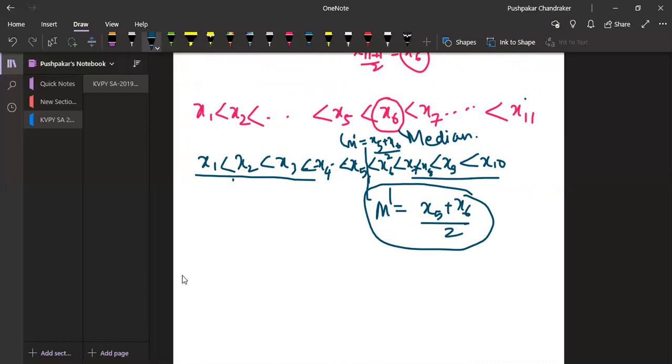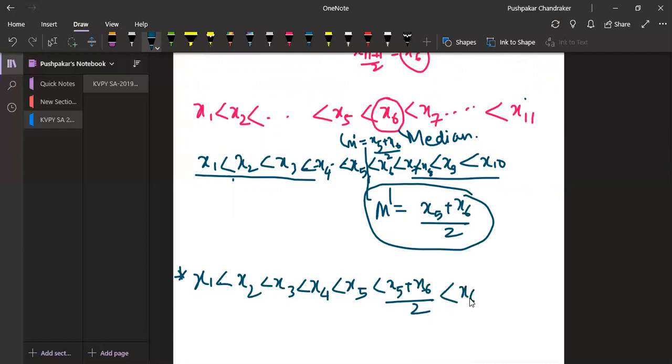Now I want to find the median, so I have to arrange in ascending order: x3, x4, then x5, and the next number, which is greater than this, the new median (x5 plus x6) by 2, and next is x6, x7, x8, x9, and x10. Because x11 is gone, this number has come in its place.